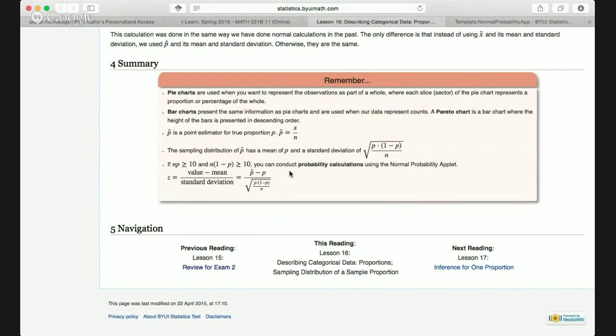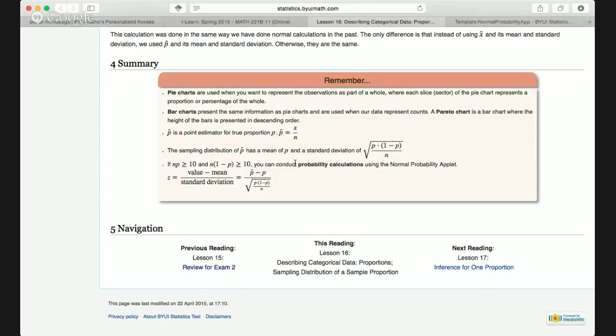So the z-score formula is p hat minus p divided by the square root of p times (1 minus p) divided by n.